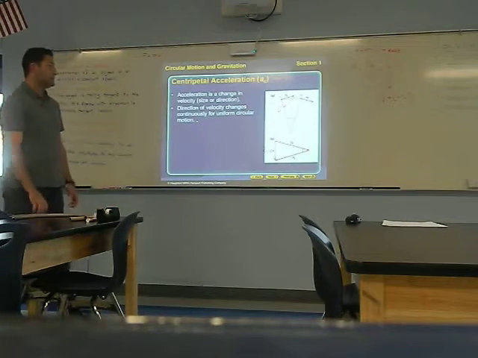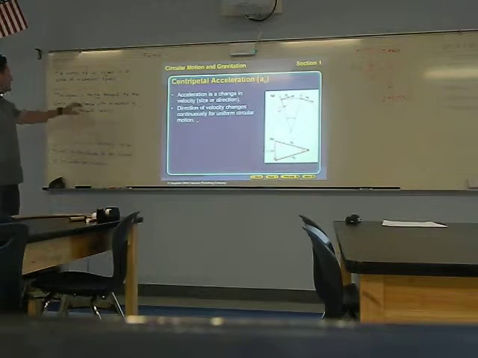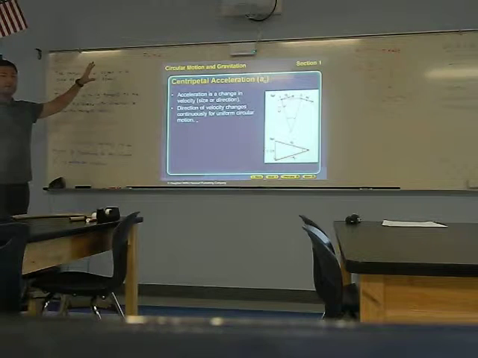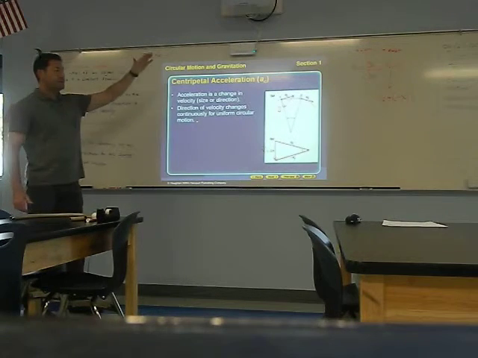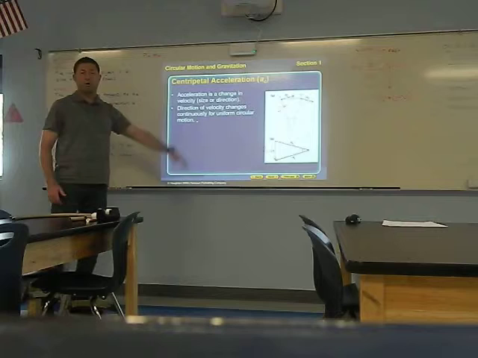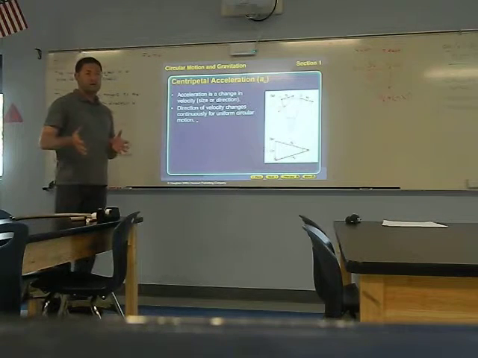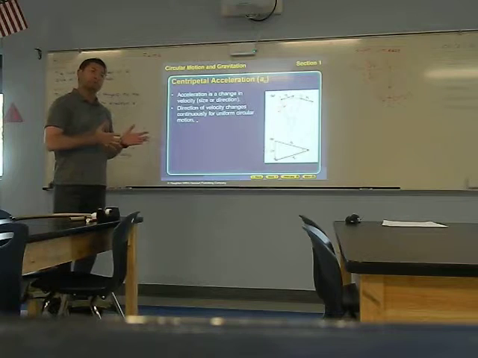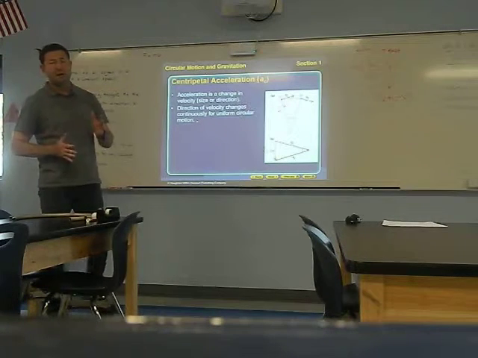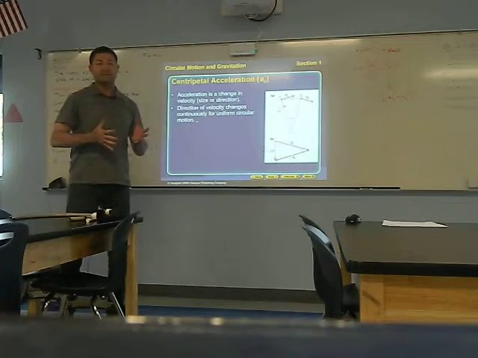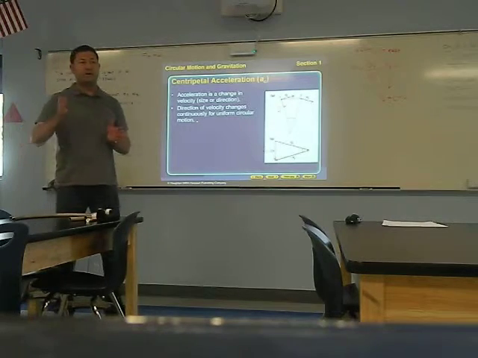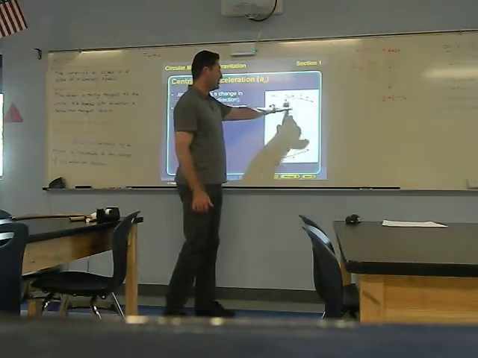As you can see, till here we learned that in uniform circular motion, inside a circle there is a moving object, and it's using the same speed, not the same velocity. The speed of 10 meters per second is the same, but they don't have the same velocities. They are changing velocities because of their directions.